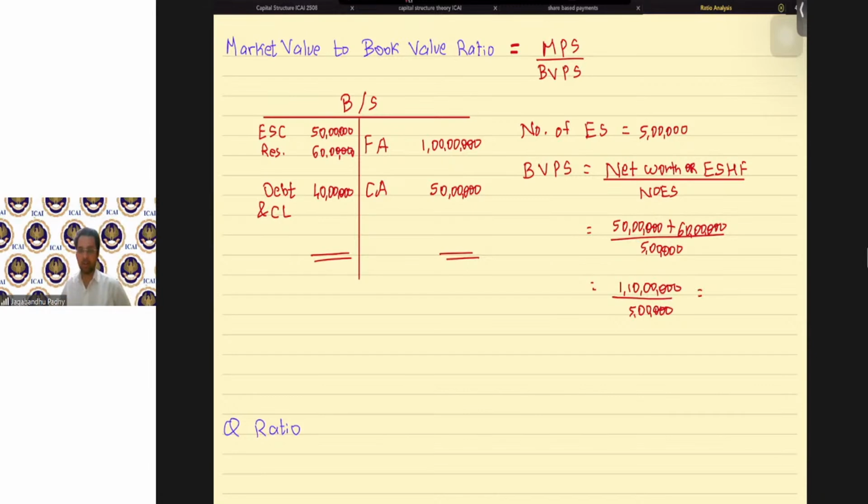So net worth of each share works out to be 27.5. No, is it 27.5? No. How much is this, by the way? 1 crore 10 lakh divided by 5 lakh. Okay, that's 22.